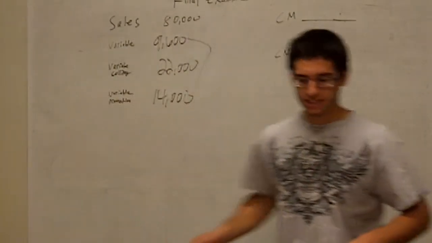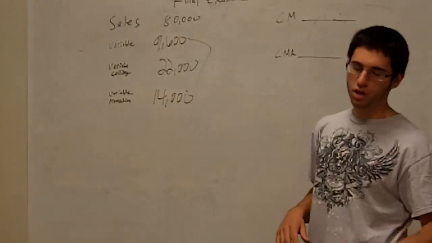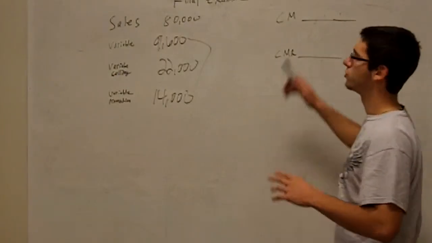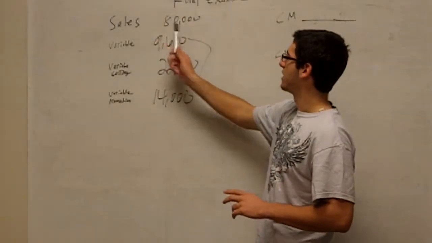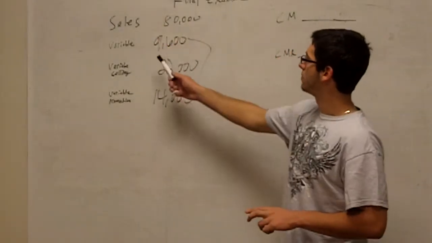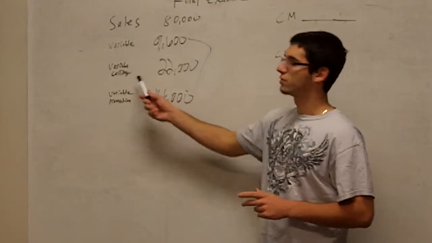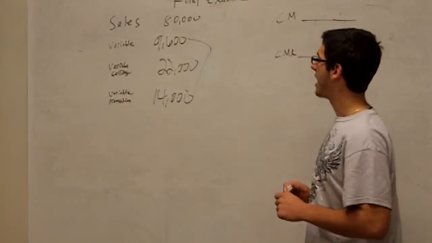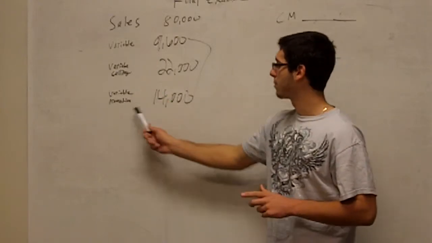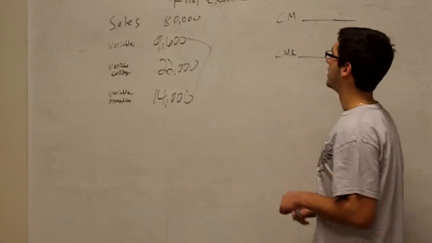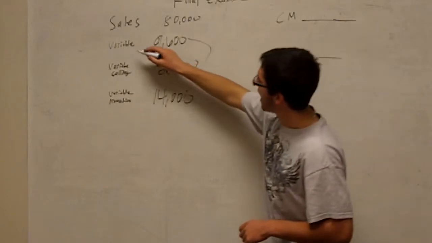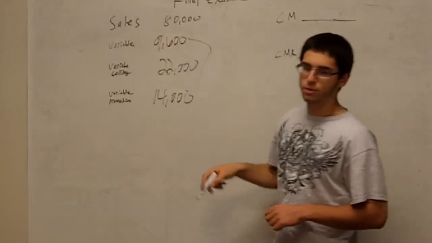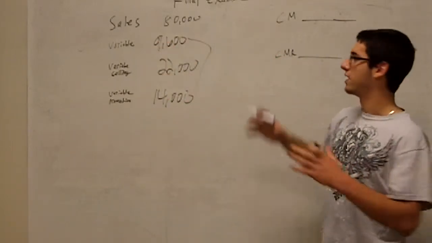Say you have sales of 80,000, variable of 9,600, variable selling of 22,000, and variable promotion of 14,000. You already have the sales, so you have to add up all the variable amounts, because you need the variable costs to find the contribution margin.